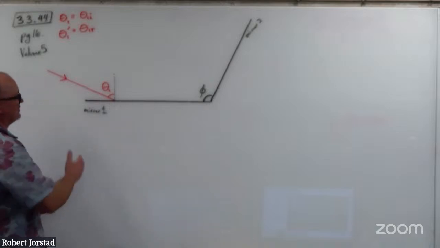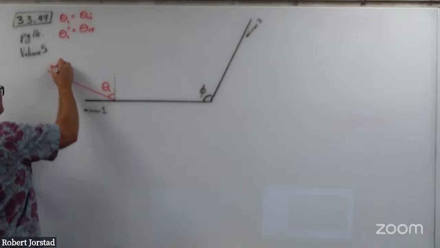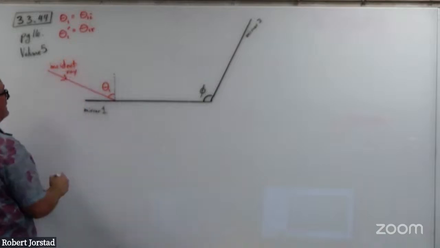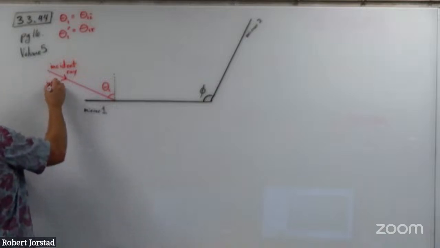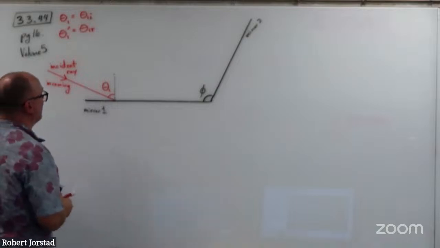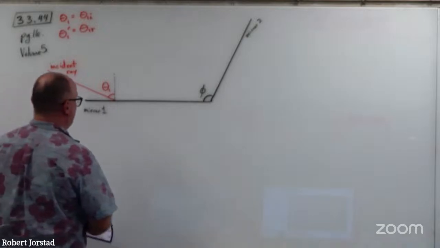And then let's trace the incident ray, or the incoming ray, as it goes through. We're going to use the one law we know, angle of incidence equals angle of reflection.